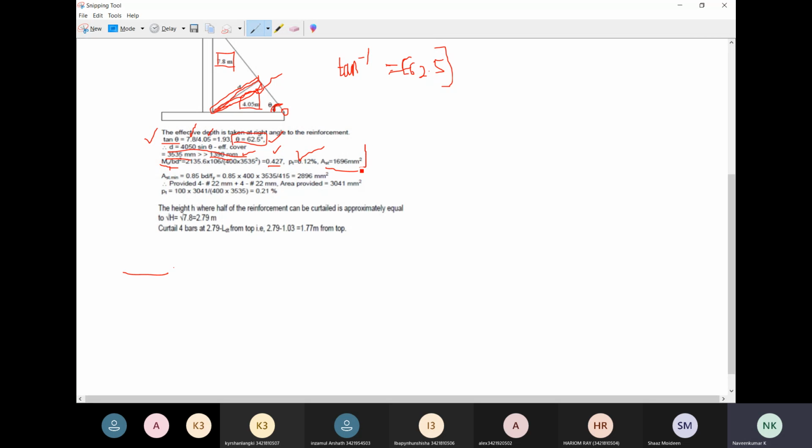How will you get the area of steel from the percentage of steel value? Can anyone tell? You got the percentage of steel, that is PT is 0.12 percentage, but you need the area of steel value to be provided.